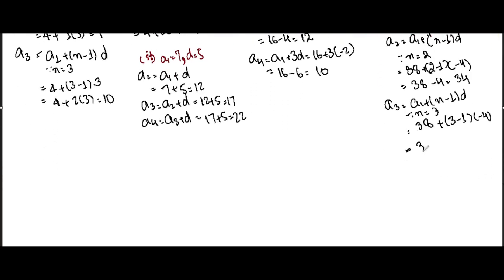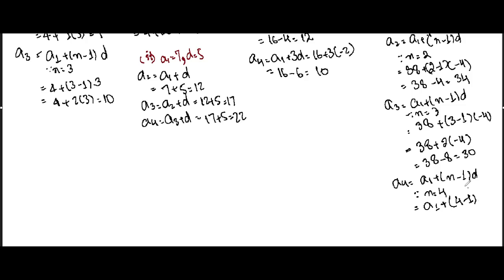It is equal to 38 plus 2 into minus 4, which is equal to 38 minus 8, which is 30. Now A4 equals A1 plus n minus 1 into D. N is equal to 4, so it is equal to A1 plus 4 minus 1 into D is minus 4.